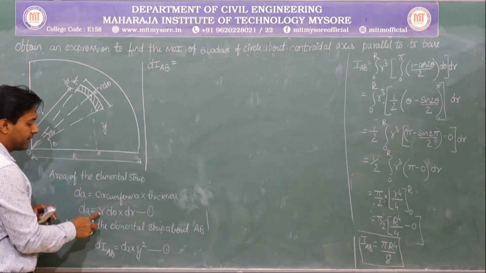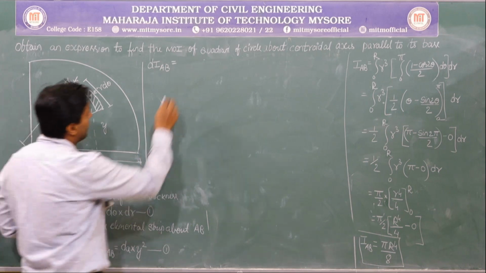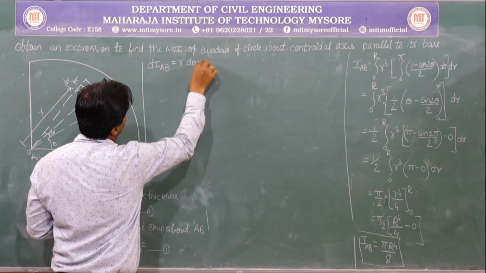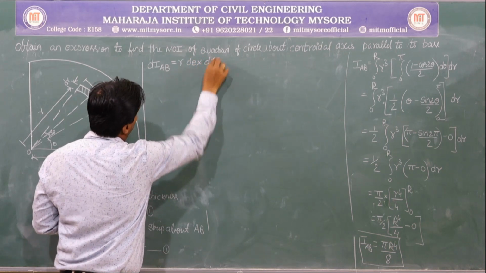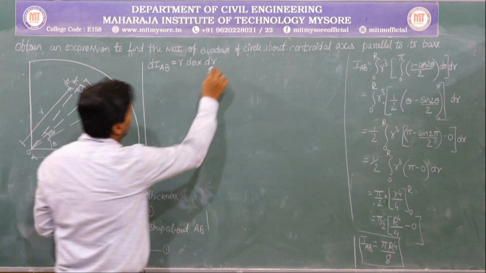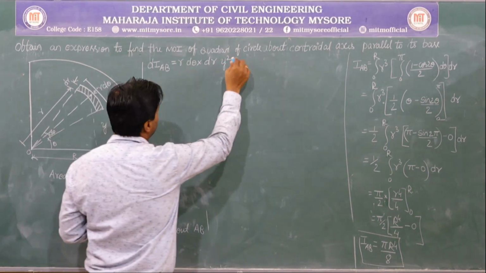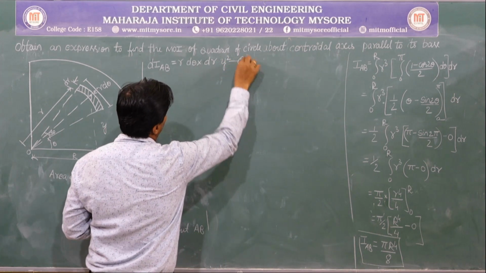Just now we have calculated, it is r into d theta into dr, into y square. So for time being, let me call this as equation 2.